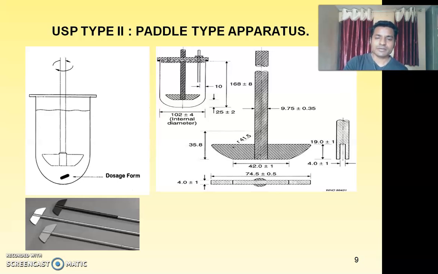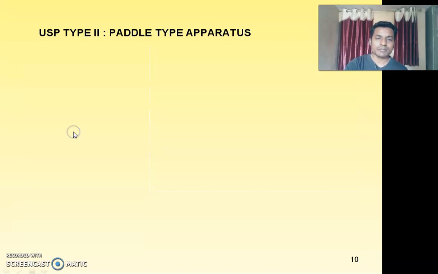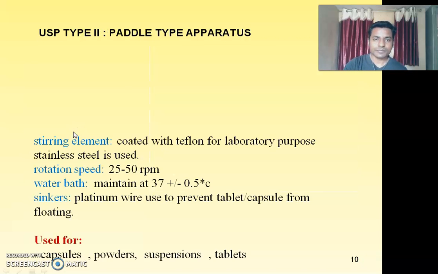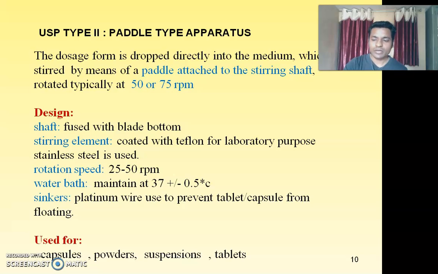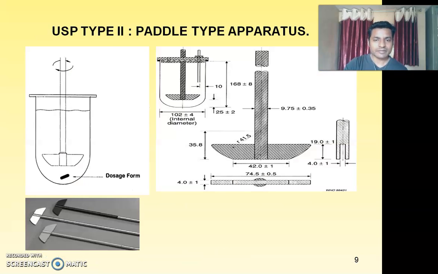In this figure we can see the vessel, which has at the center the shaft attached to the paddle. This is the dosage form, and this paddle is immersed in the dissolution medium. The whole assembly of this apparatus is similar.